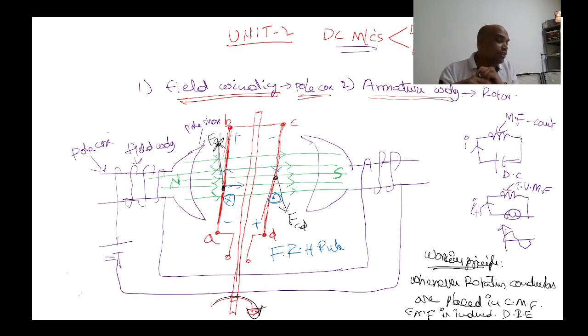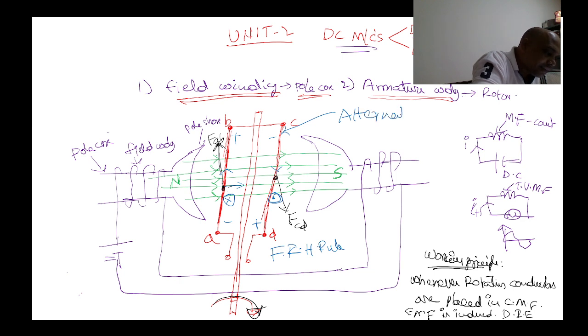So the EMF induced in the armature conductor is alternating EMF. Which type of EMF is induced? Alternating EMF. Alternating EMF means AC. But what are we discussing? DC machines. So the output should be DC. So how will you get DC?